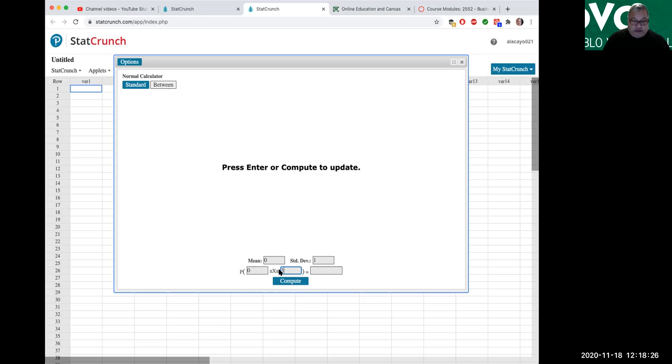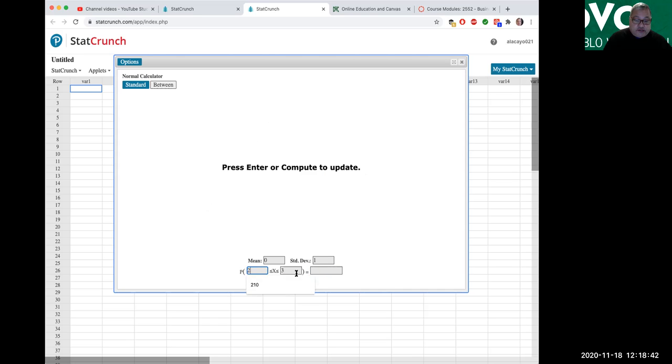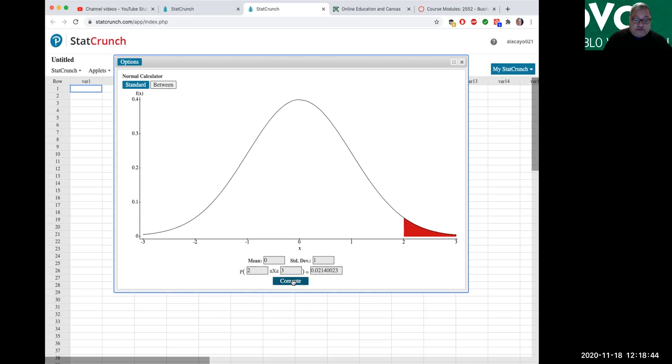And if I go 3 deviations to the right, then that's nearly 49.9%, half of 99.7%. So I could always look at ranges that fall within 1 standard deviation of the mean.